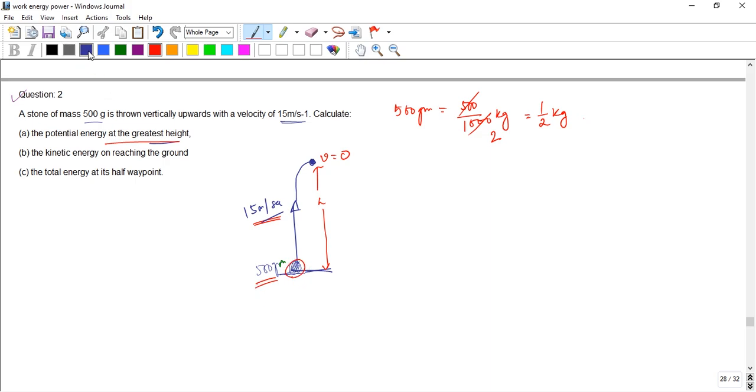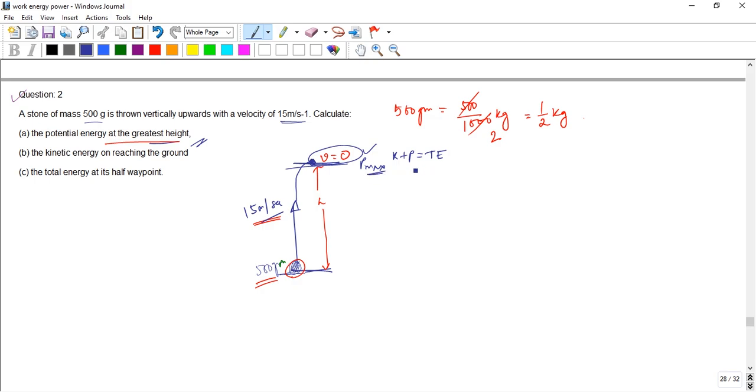Okay. If the stone goes vertically upward, what is the potential energy at that height? We know that potential energy at that height is maximum. And the total energy formula, you know, is kinetic energy plus potential energy equals total energy. But at that height, potential energy is maximum and kinetic energy is 0.